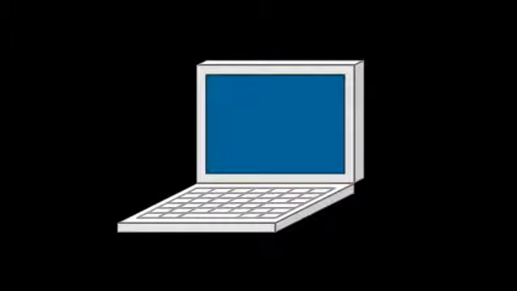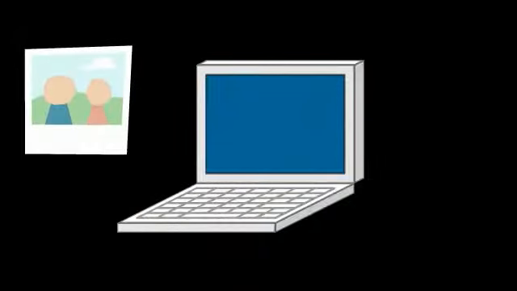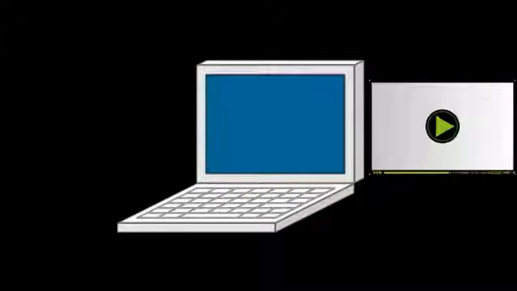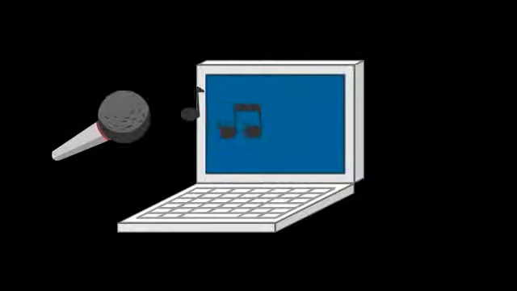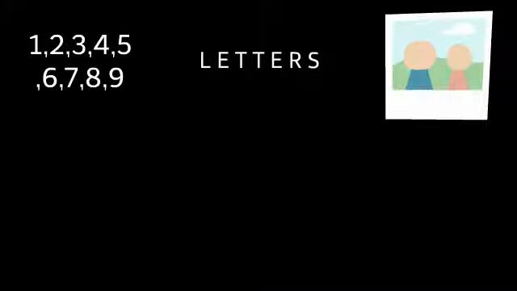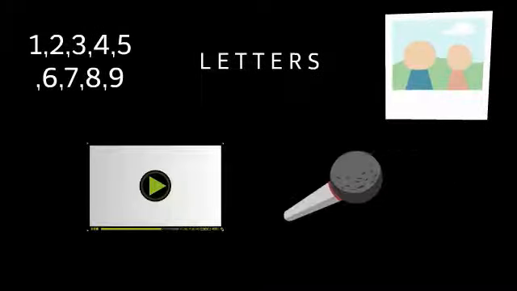So, the data going into the computer could be in the form of numbers, letters, photos, or in computer terms, known as images, videos, and sound. So, all these symbols and signals being fed into the computer are all different forms of data.